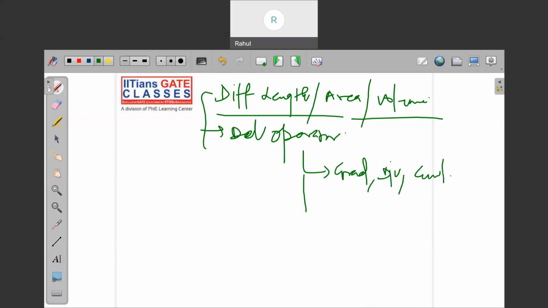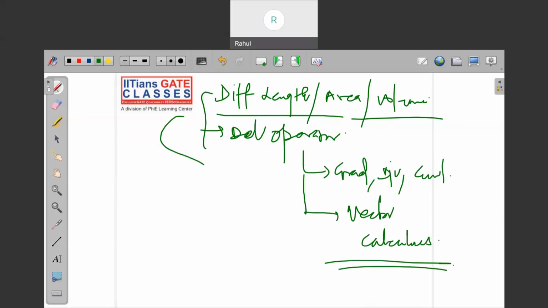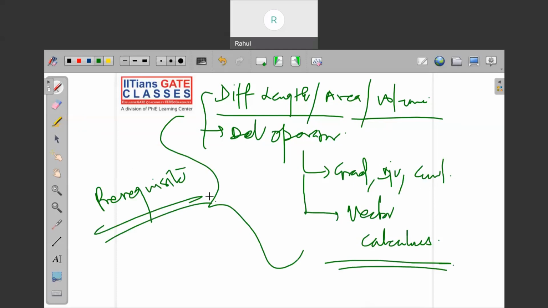We will talk about vector calculus. These are the prerequisites. Within 2 classes, we will understand the prerequisites and solve problems. Questions will definitely be asked from these prerequisites as well. Then we will briefly discuss electrostatics and magnetostatics, and within 5 to 6 classes we will summarize everything.